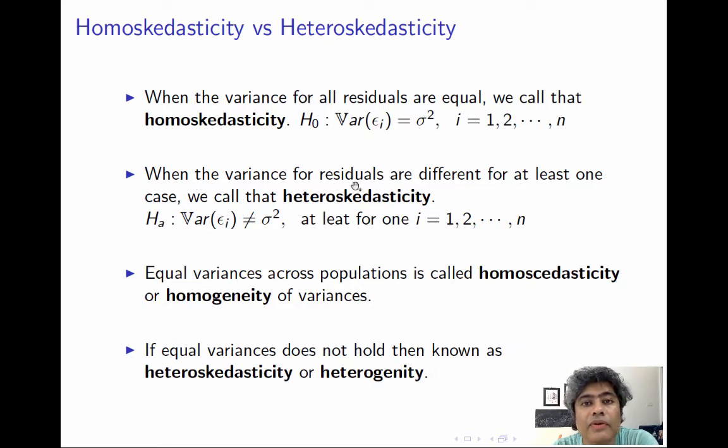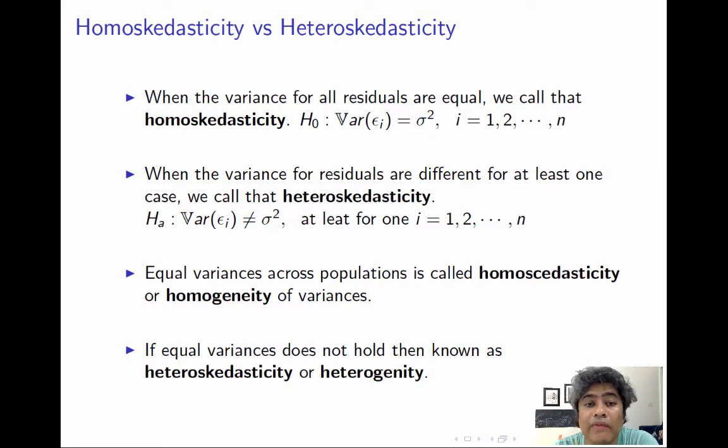When the variance of the residuals is different for at least one case, we call that heteroskedasticity. For the alternative, we assume that the model is heteroskedastic, so the variance of epsilon i is not sigma square for at least one i from 1 to n.